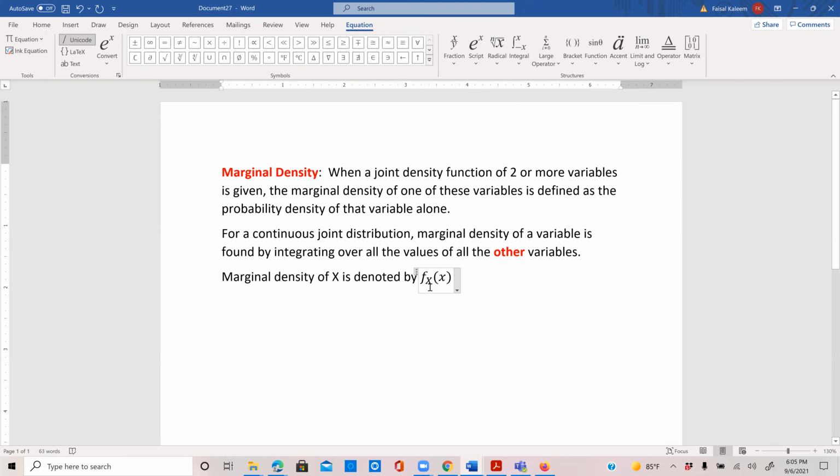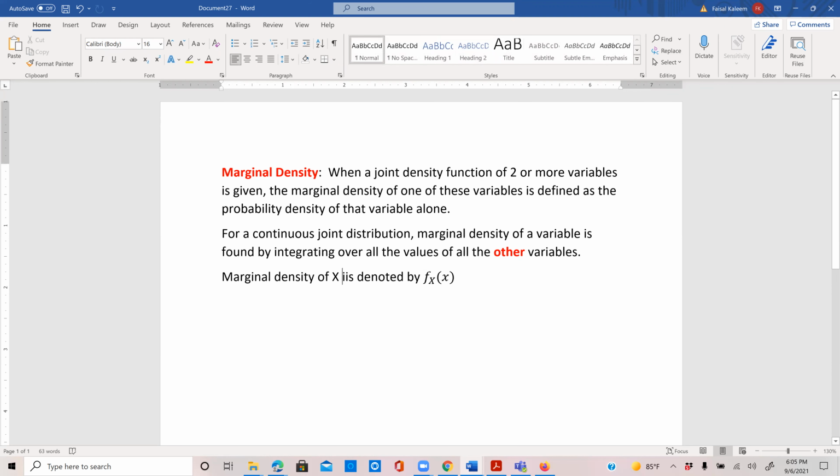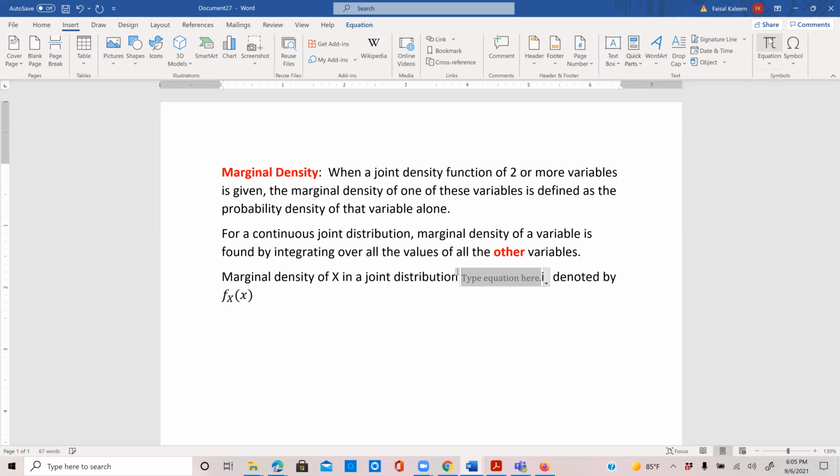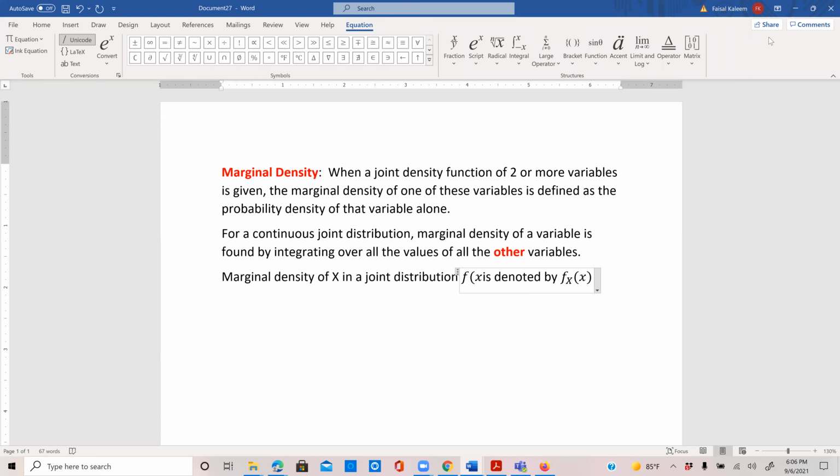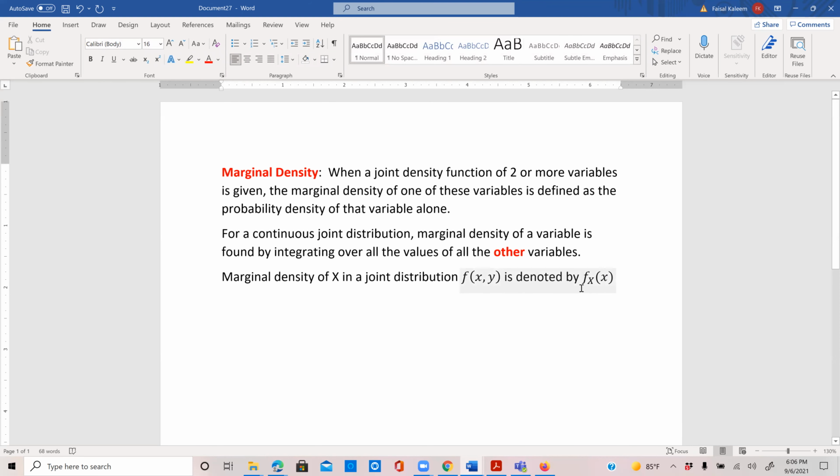The subscript big X means that you're talking about the marginal density of x from a joint distribution. So if f of x, y is the joint distribution, then the marginal density of x is denoted by f_X(x).